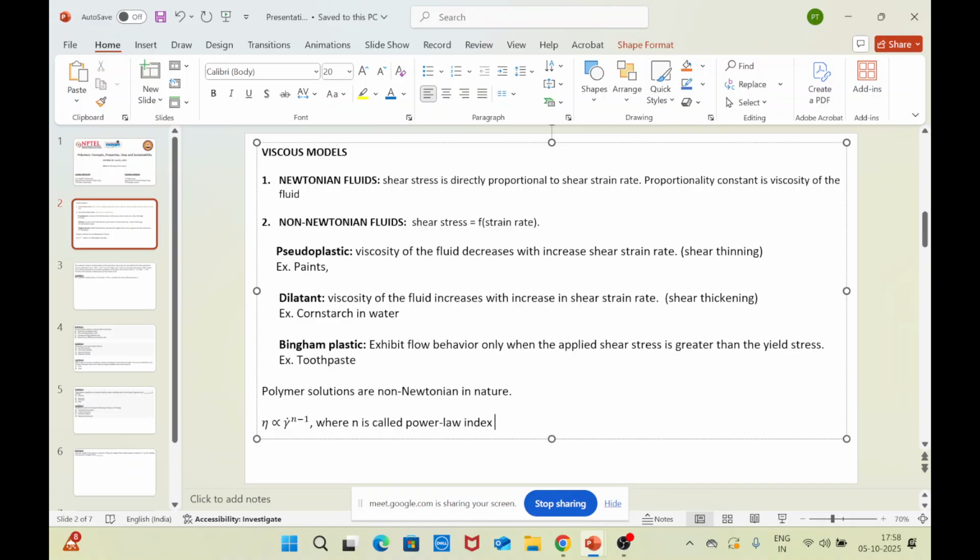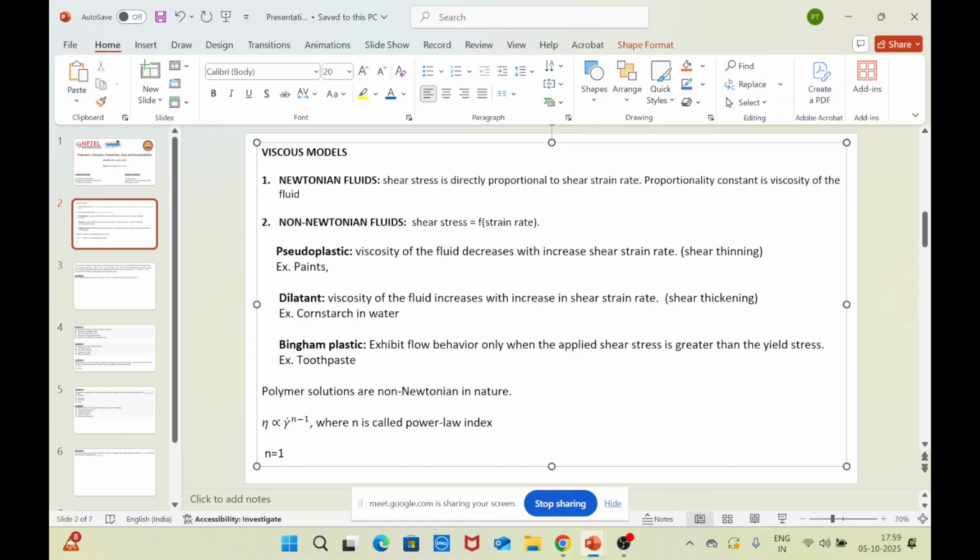So I hope you can make it out from here: under what values of n your fluid system is going to be pseudoplastic, dilatant or Newtonian. So what will happen if n equals 1?